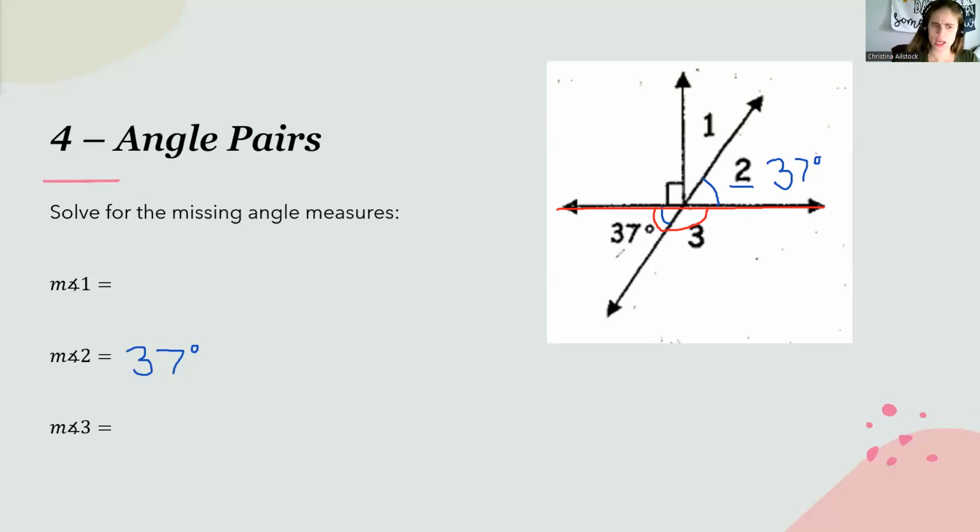So if together 37 degrees and angle 3 equal 180 degrees, what can we do to find the actual measurement of angle 3? Well, we can subtract. We can take that 180 and subtract 37, telling us that the measure of angle 3 is 143 degrees, because that's what's needed to make it equal 180.